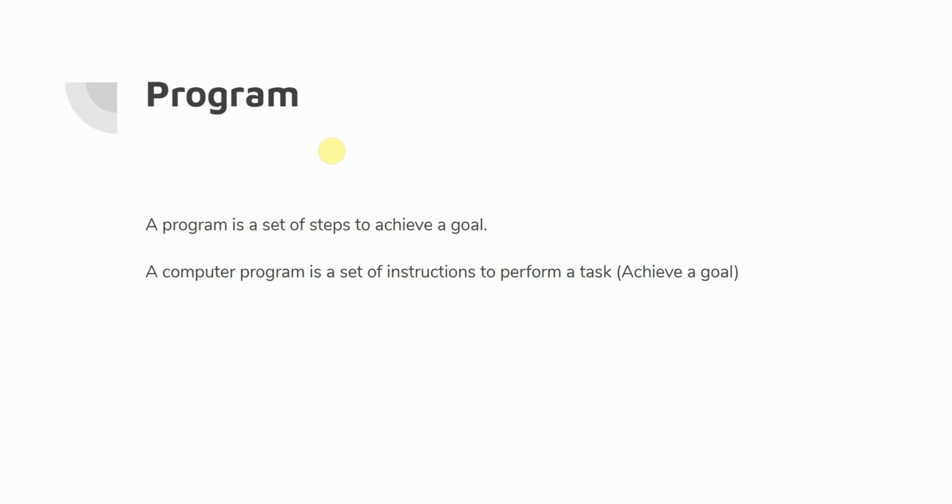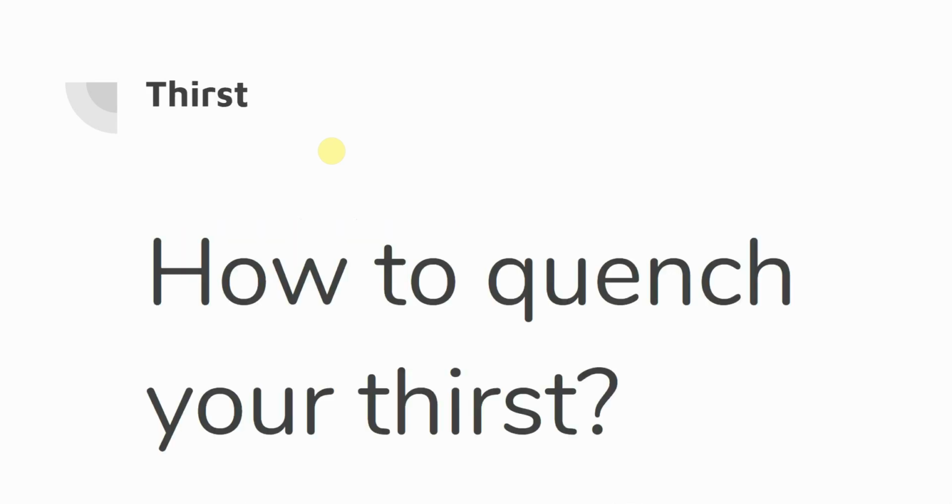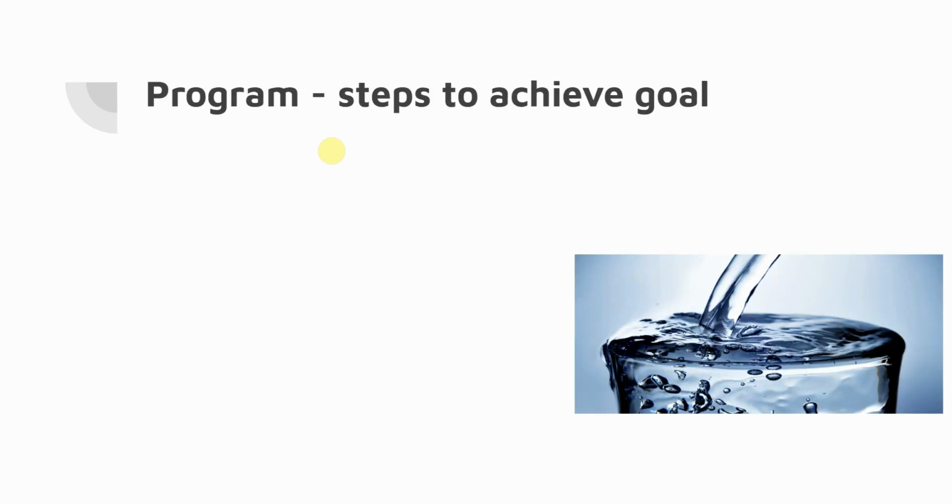So let's have a look at real examples. How to quench your thirst? How do we fulfill our thirst? If I'm thirsty, like a thirsty crow, how would I fulfill that? Let's do step by step the task we need to perform.